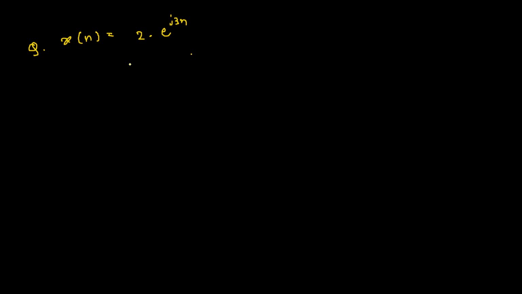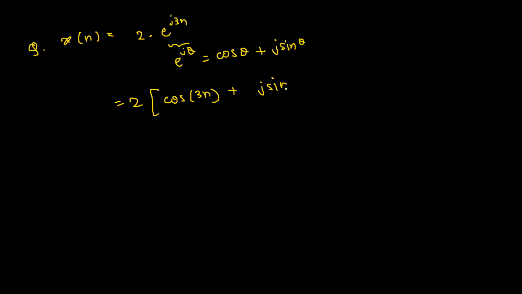We also know that e to the power j theta is written as cos theta plus j sine theta. So we can write this as 2 into cos 3n plus j sine 3n.